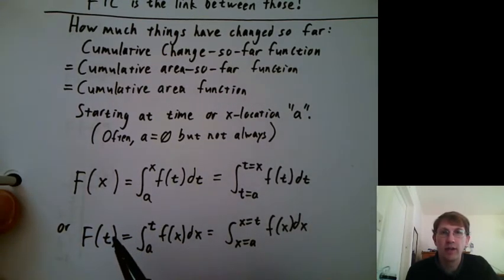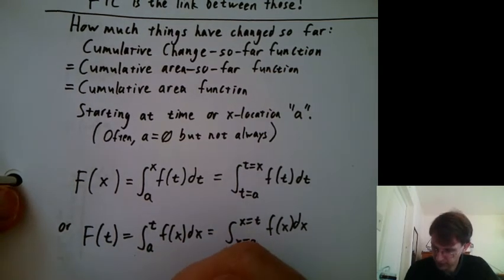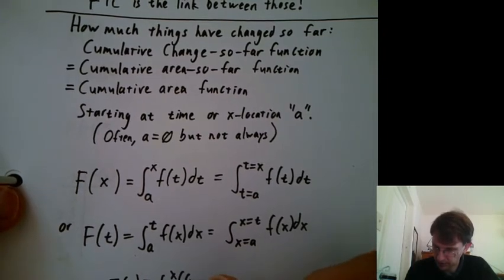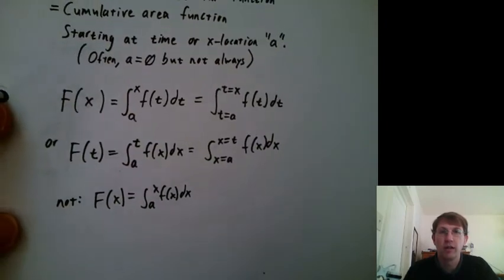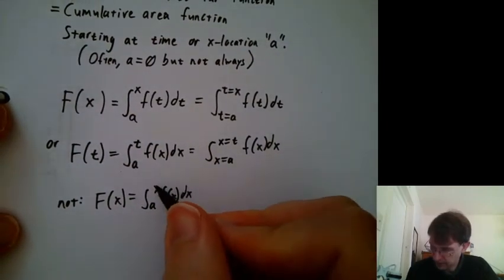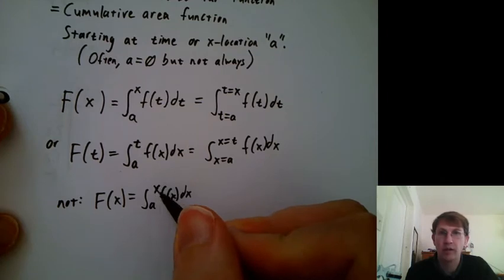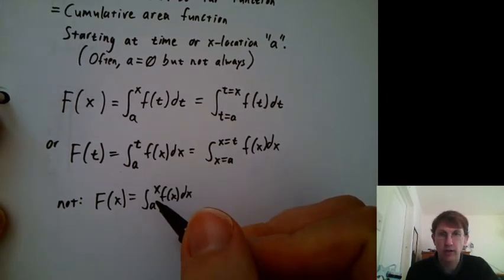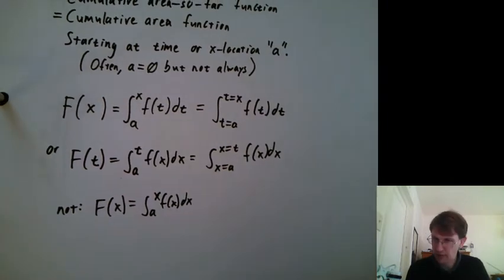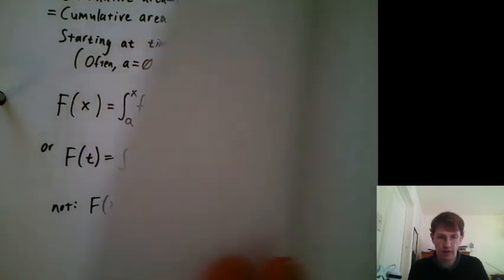But you just can't say big F of x equals integral a to x f of x dx. Our variable of integration cannot appear in the upper limit or the lower limit of the integral. So let's go talk about some examples of the cumulative change so far function.